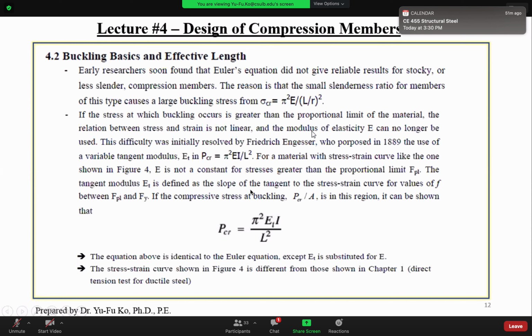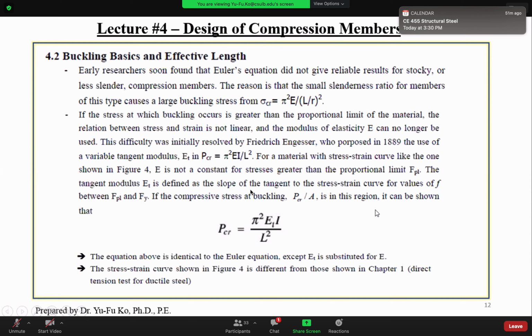So we cannot use the typical modulus of elasticity E. So engineer Friedrich Engesser, back in 1889, proposed that we can just use the tangent modulus in Euler's equation to resolve these problems.